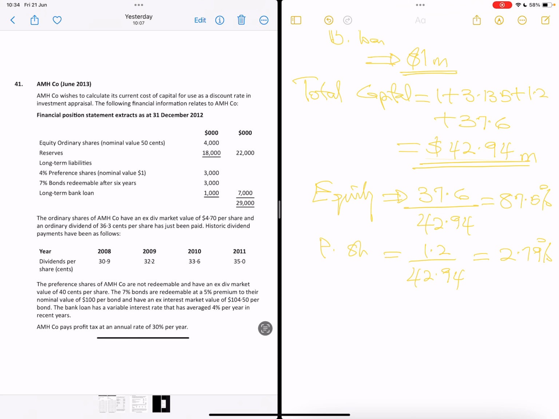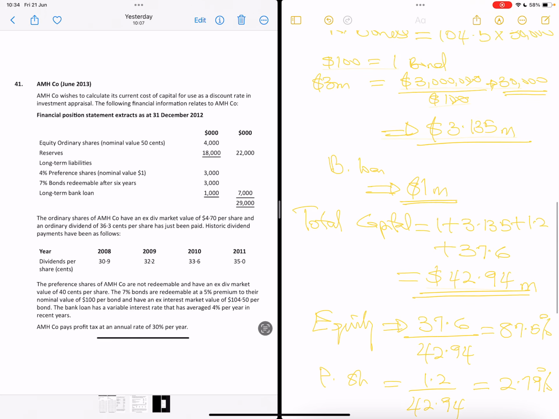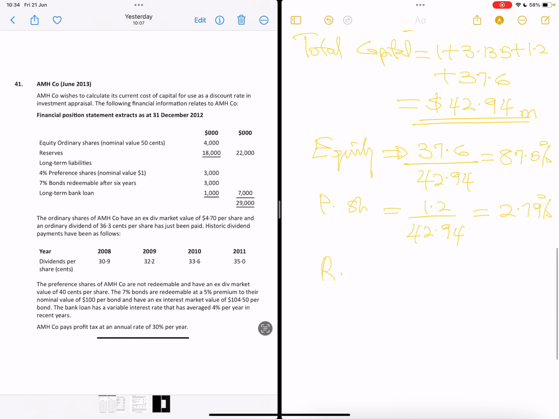Then the next one is the redeemable bond. It has a value of 3.135, divided by 42.94 as well. Let's see what that comes to. 3.135 divided by 42.94 times 100 gives 7.3%.